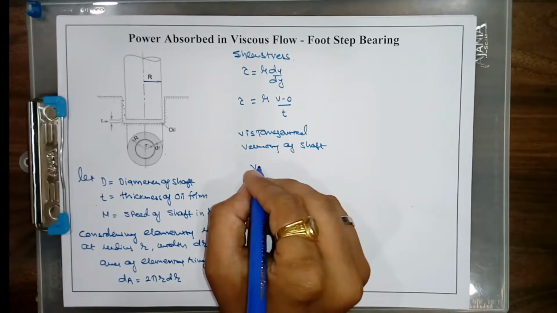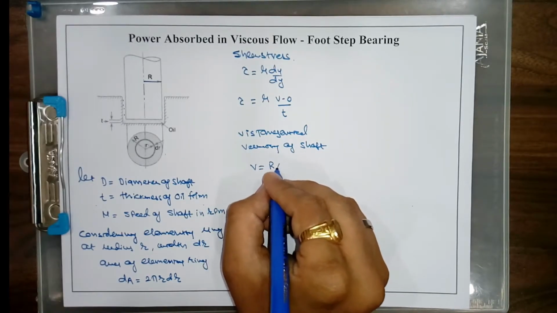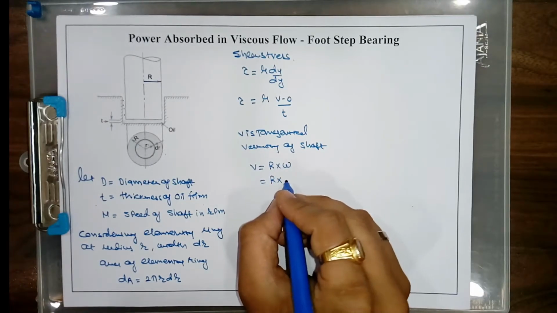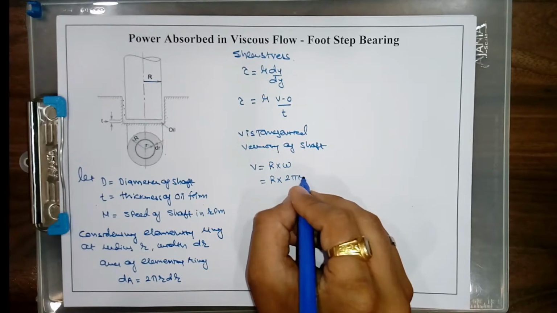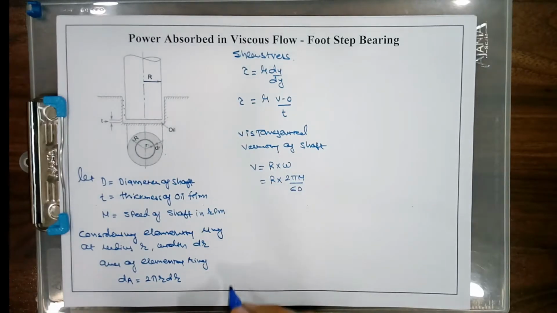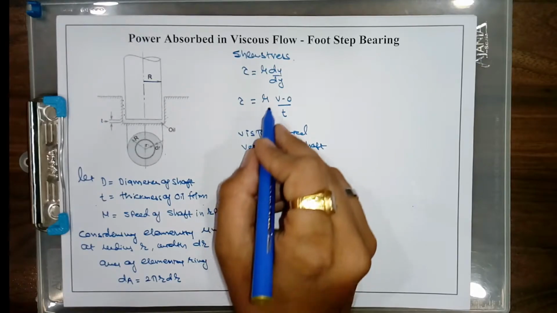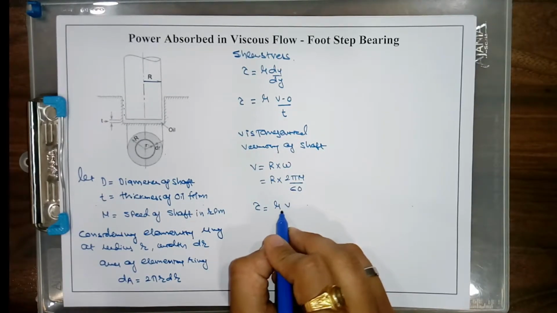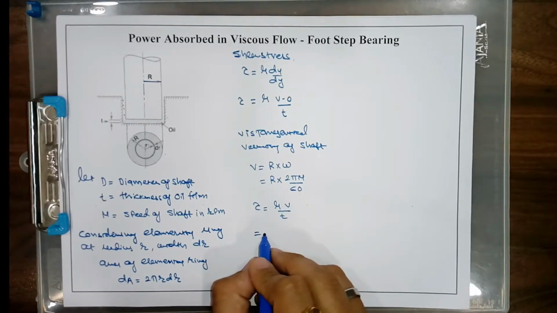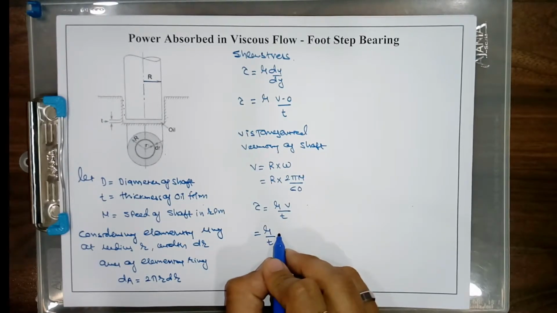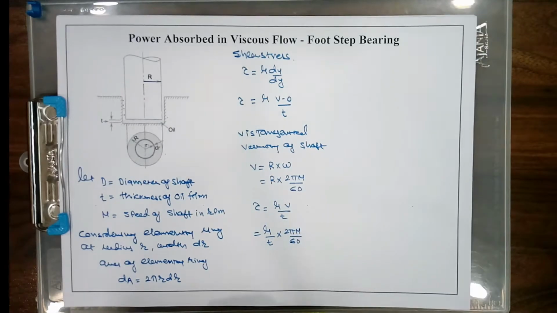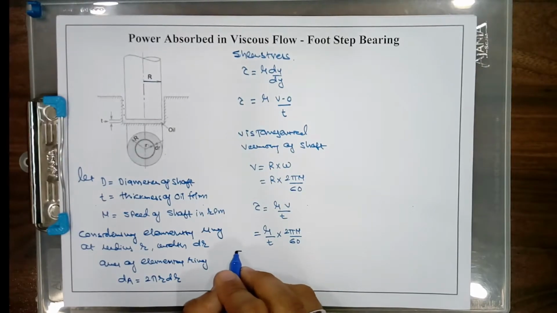So we know that v equals r into omega, and omega is the angular speed, 2 pi N divided by 60. Now we put the value of v over here, so tau equals mu into v divided by t, and v equals 2 pi N r divided by 60. Now from this we calculate the shear force acting on the ring.